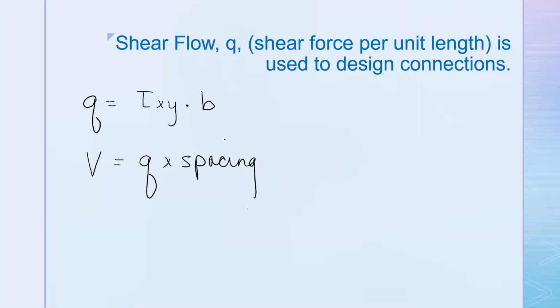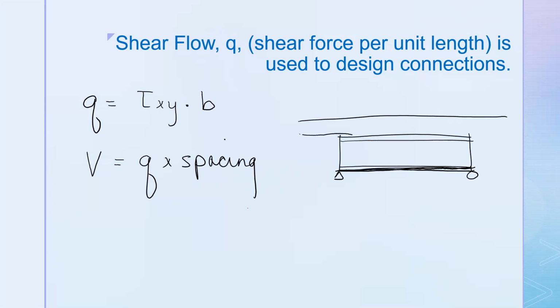So for example, if we have a beam, so this is a metal I-joist with flanges on the top and the bottom. And very often those types of beams will act in a building and they will support a concrete slab floor. And the way that we connect them is with shear tabs.